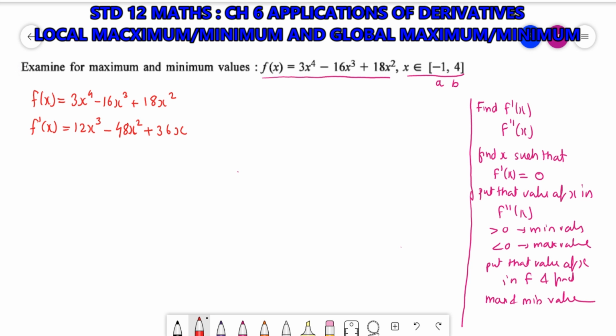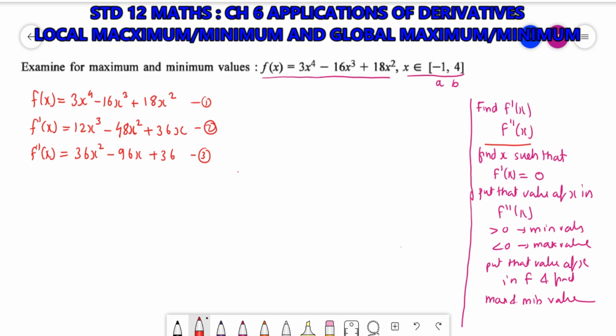Let's name this as 1, this as 2. And f double dash x will be equal to 36x squared minus 96x plus 36. Name this equation as 3. So the first step is completed.